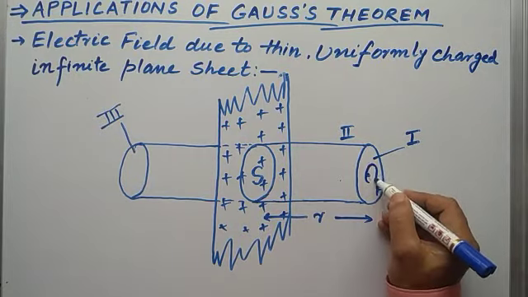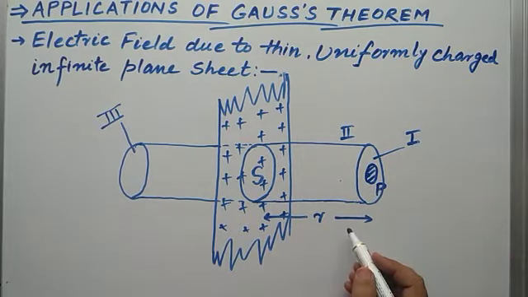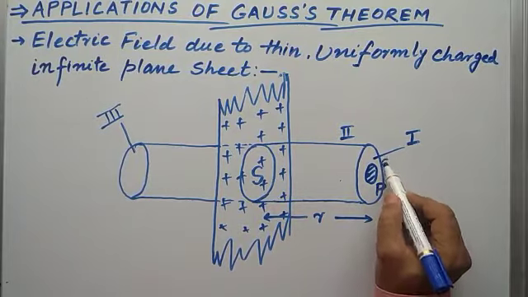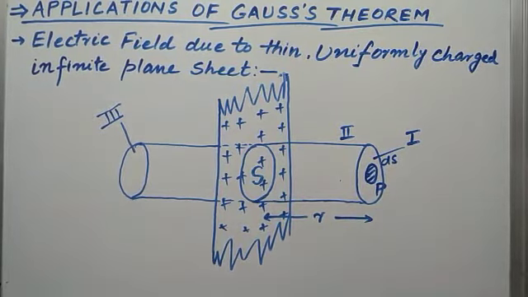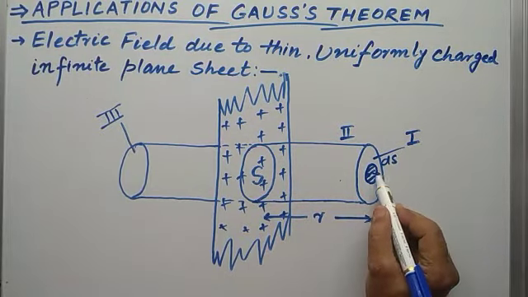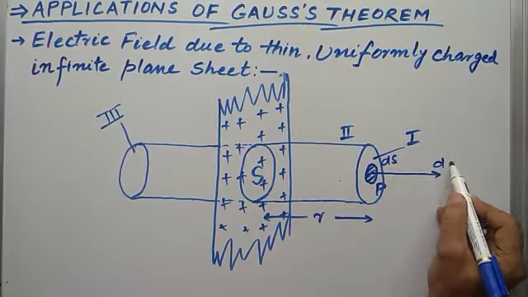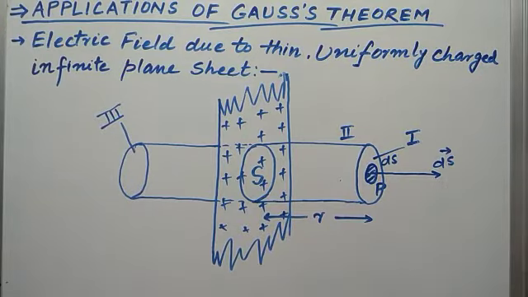Let us check the angle between the area vector and the electric field vector. At this point, suppose we have taken a small area element ds. Here the ds vector will be normally outward like this.